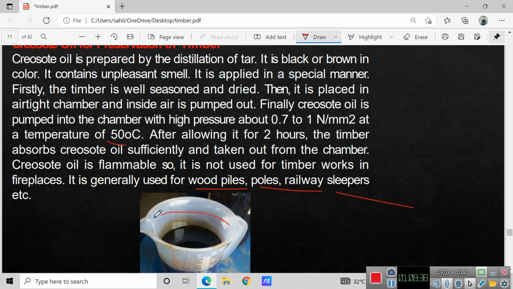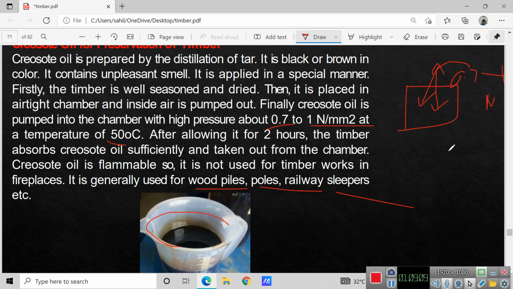So a vacuum is created in a chamber and the creosote oil is pumped at a high pressure of 0.7 to 1 Newton per millimeter square. Suppose this is a chamber and the air is vacuumed. After that, creosote oil is pumped into this chamber at a high pressure of 0.7 to 1 Newton per millimeter square at a temperature of 50 degrees.